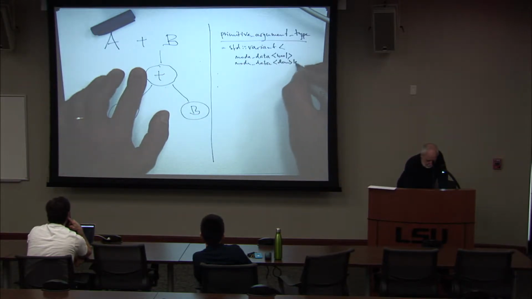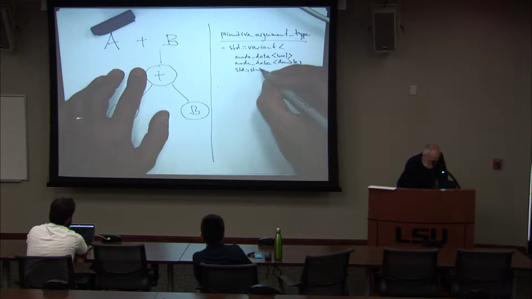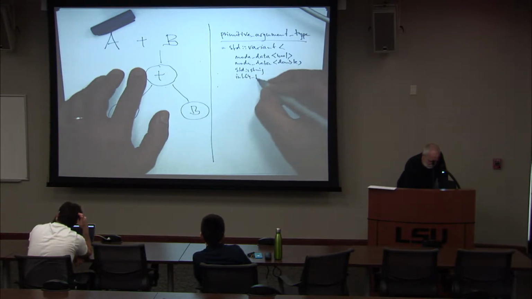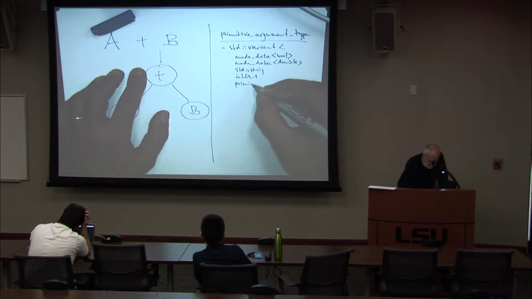Double, it can be a string, std::string. It can be an int64_t, so a signed 64-bit integer. It can be a primitive, and I will say a word about primitive in a second.